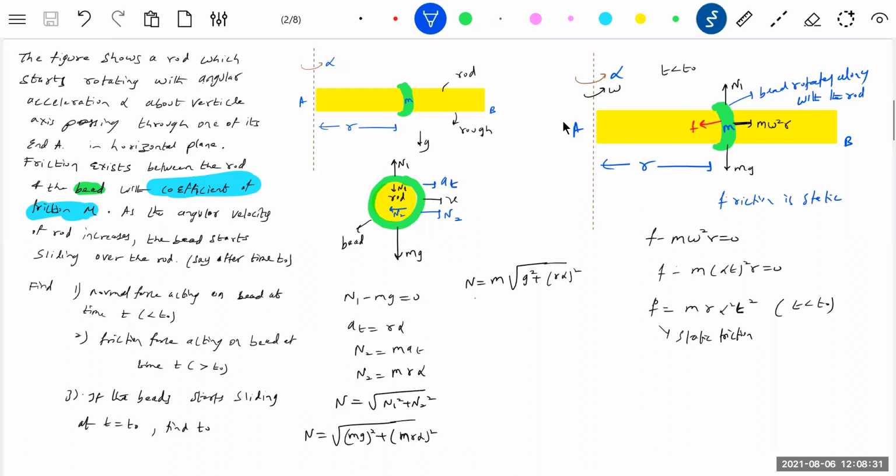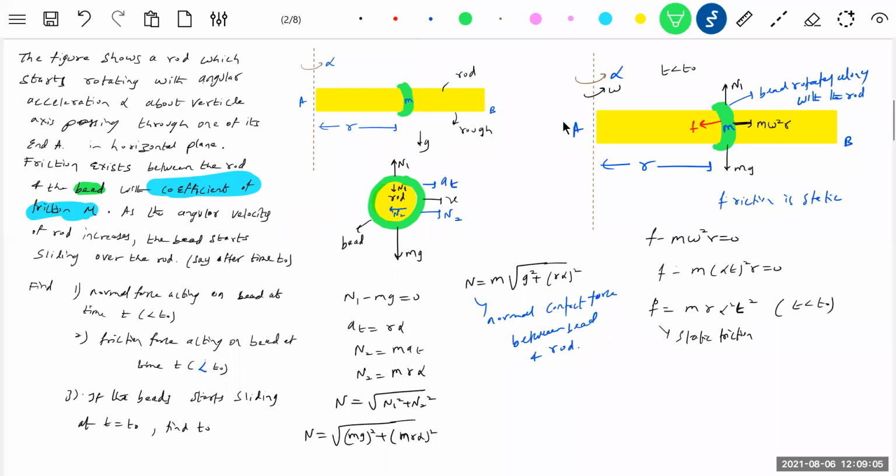The normal contact force between the bead and the rod. Okay, that's one part of the problem. Part 1 got over. Normal force acting on the bead at time t, and the friction force acting on the bead at time t less than t naught is asked. Okay, this also got over.